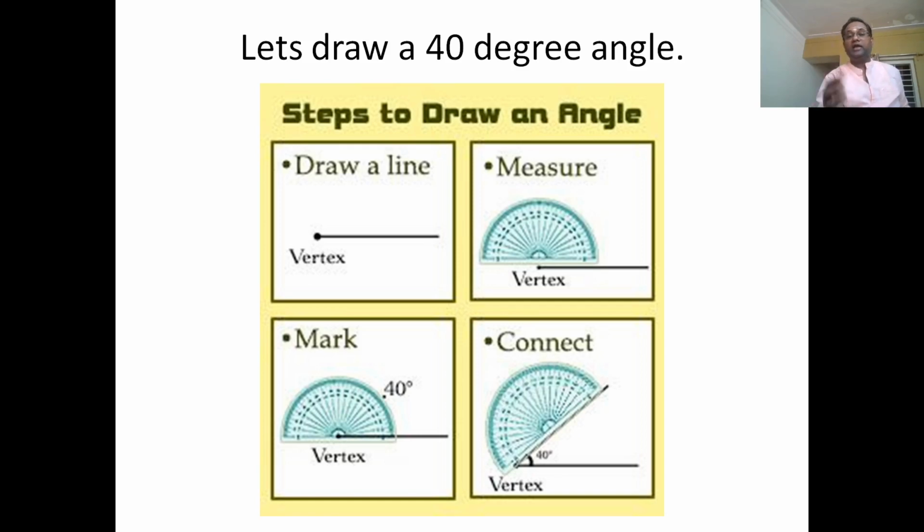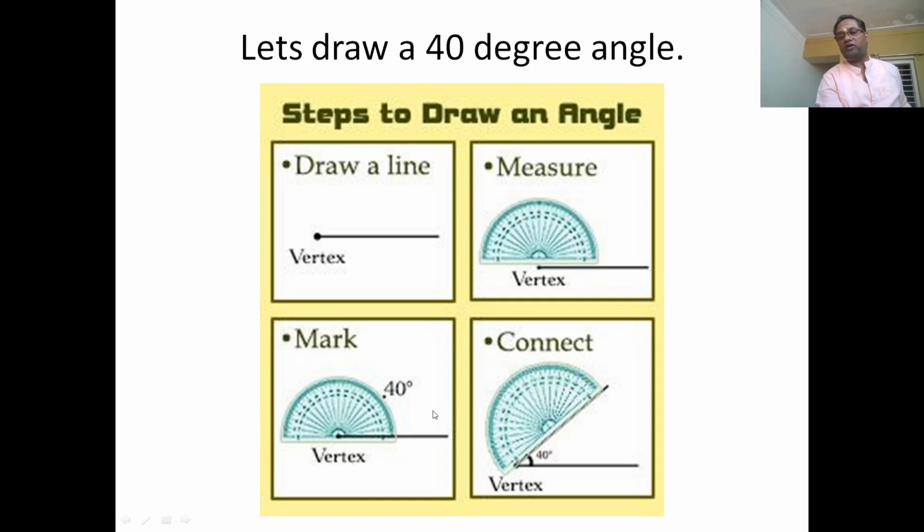A small example is given for you to draw. Let's draw a 40-degree angle. First I'll draw a line. Then I'll keep the center of the protractor on the vertex. And then I'll start measuring. Since it is 40 degrees and the free end is towards the right, I'll use the inner scale, 10, 20, 30, 40.